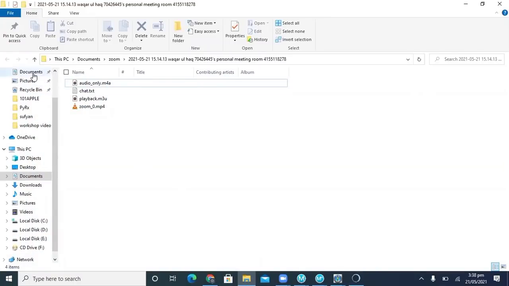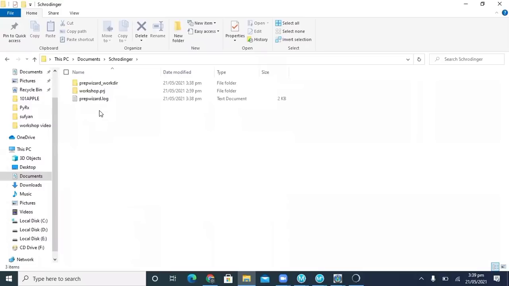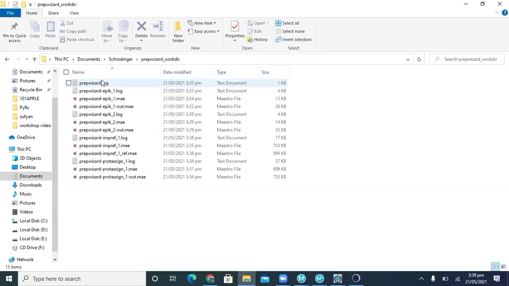You can go in documents. Here is Schrodinger, and it is the previous work directory. These are the files that have been produced during that process.